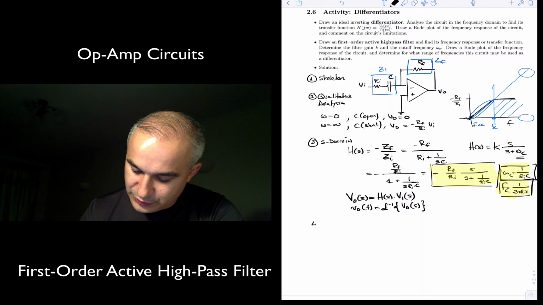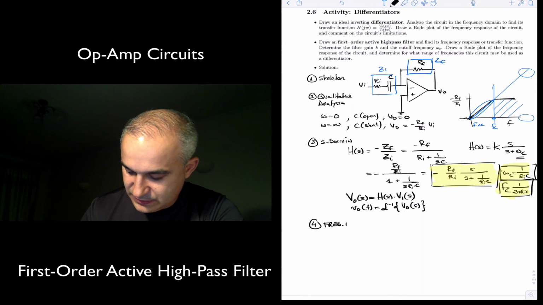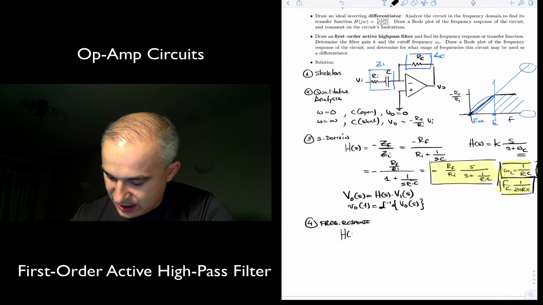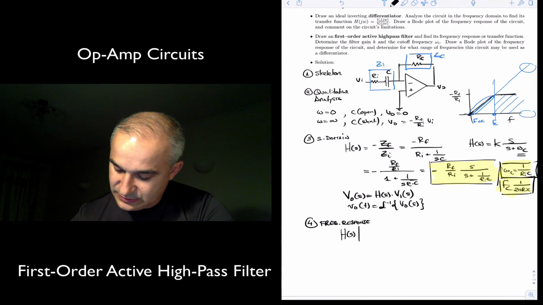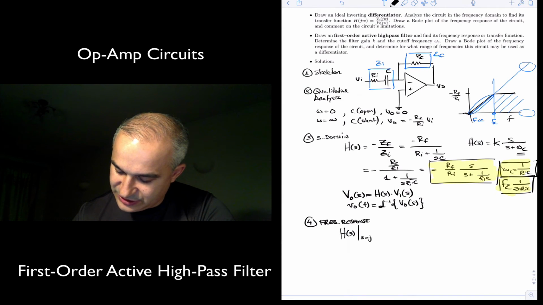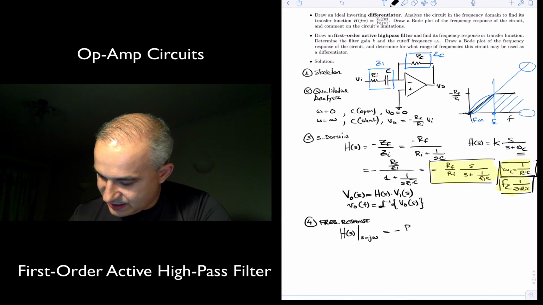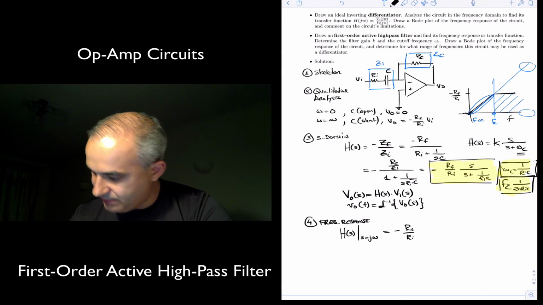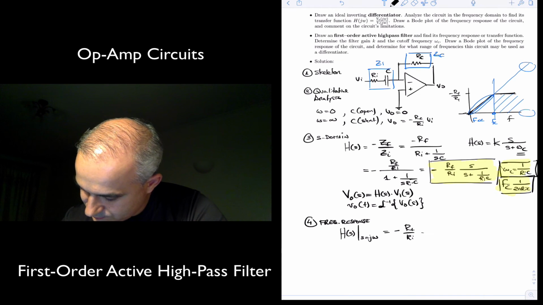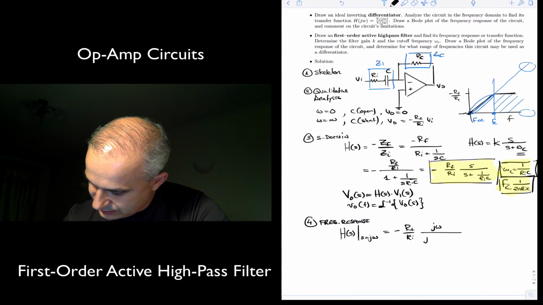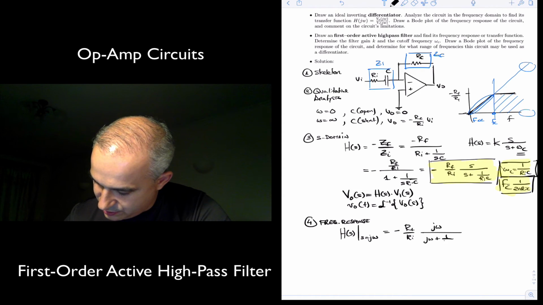Now we can also do the frequency response by evaluating the transfer function for s equal j omega. And so we get minus Rf over Ri, j omega, over j omega plus 1 over RiC.